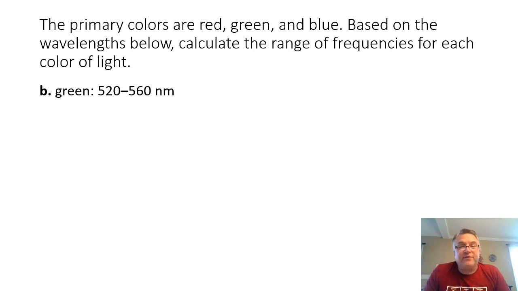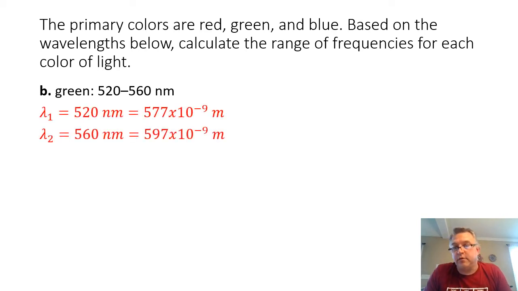Okay, so what's our next primary color? It's green, and our range of wavelengths for green is 520 nanometers to 560 nanometers. So the lower end of the range is 520, and the upper end is 560. And as before, we do have to convert both of those to meters.